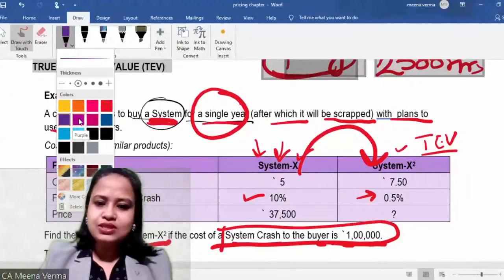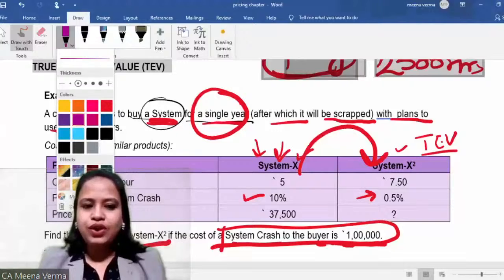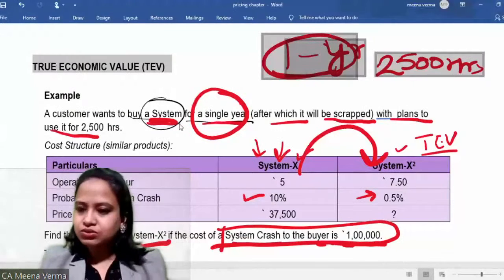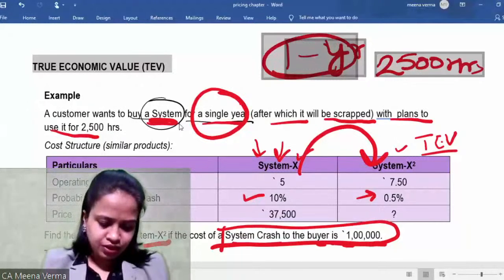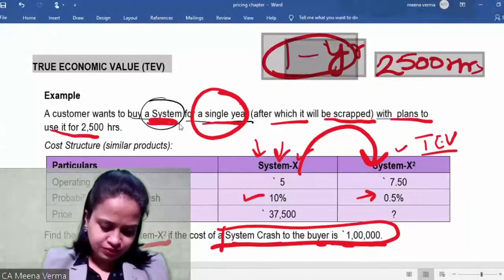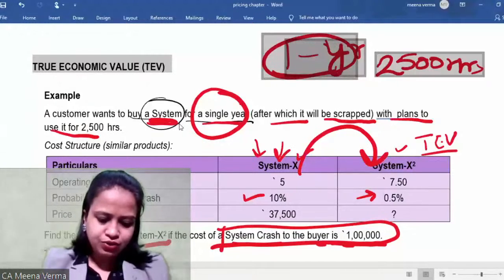Can you help me to find the true economic value? I want all of you to reply quickly. Try to think about it.